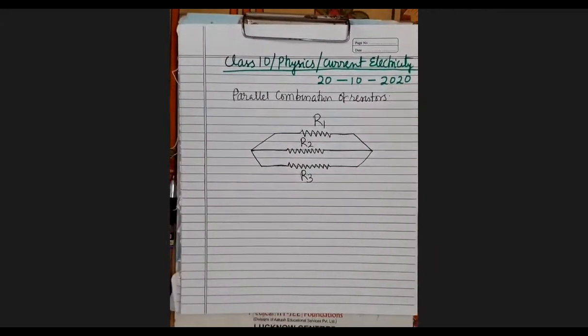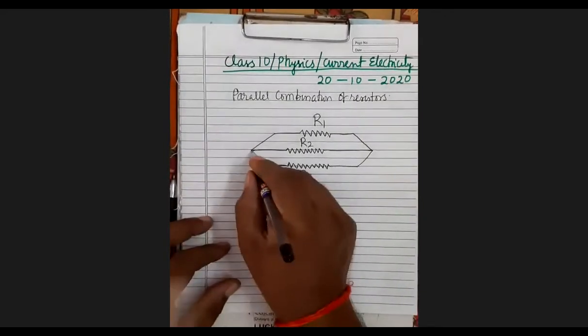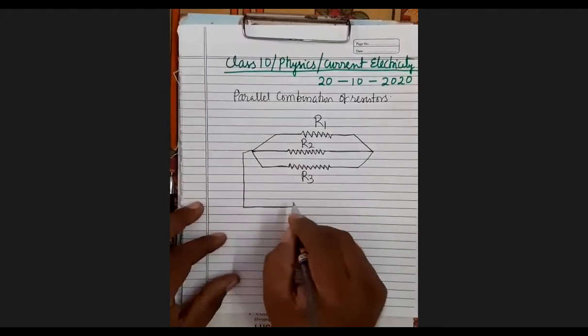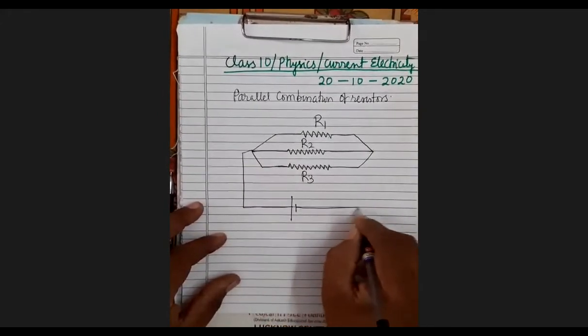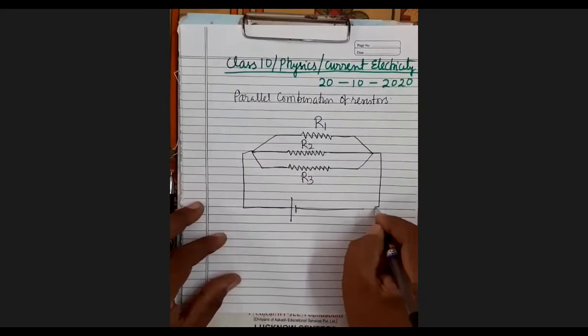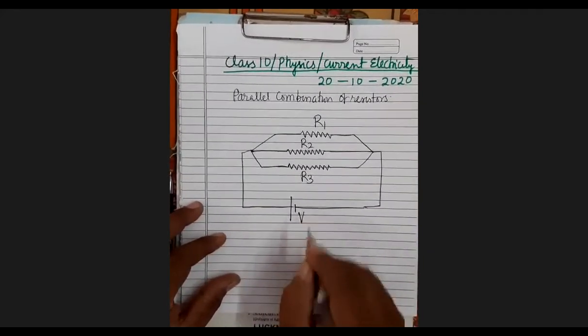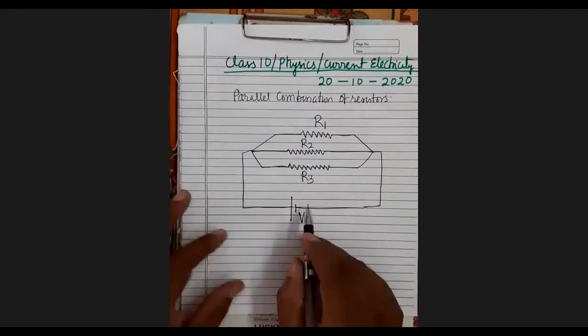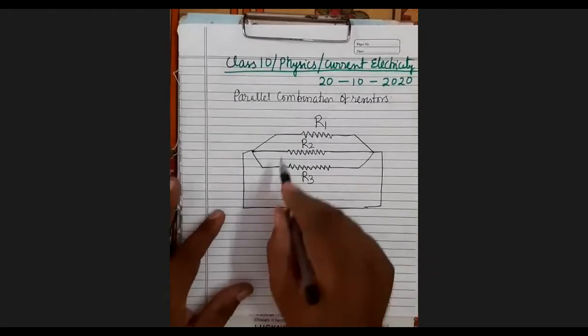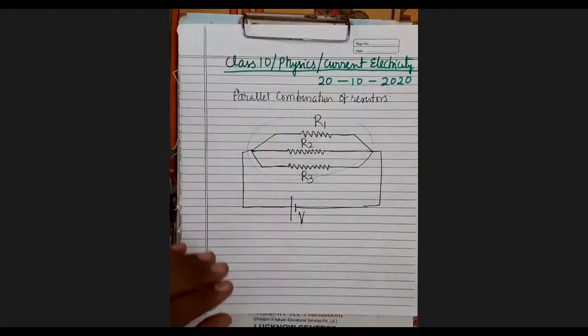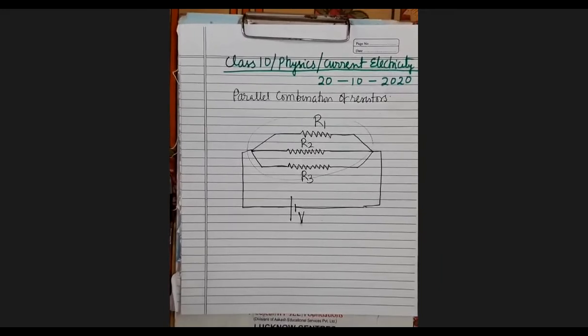They are connected in parallel. Now, what are the properties of parallel combination? This parallel combination is connected to a battery of terminal voltage V. Terminal voltage means potential difference across the external circuit, means across this.